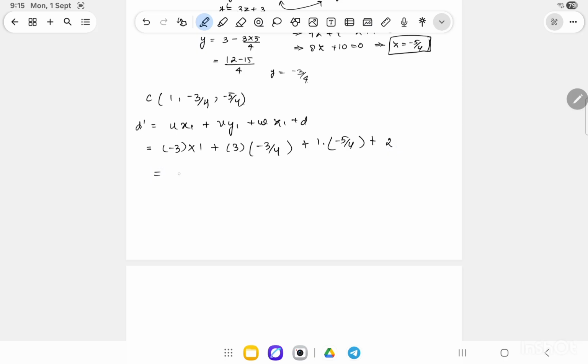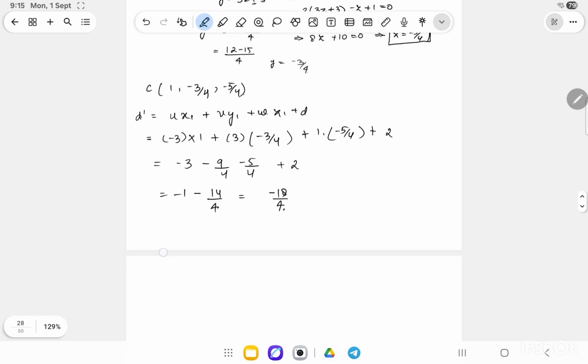So this basically gives you minus 3 minus 9 by 4 minus 5 by 4 plus 2, which is minus 1 minus 14 by 4, which is basically minus 18 by 4.